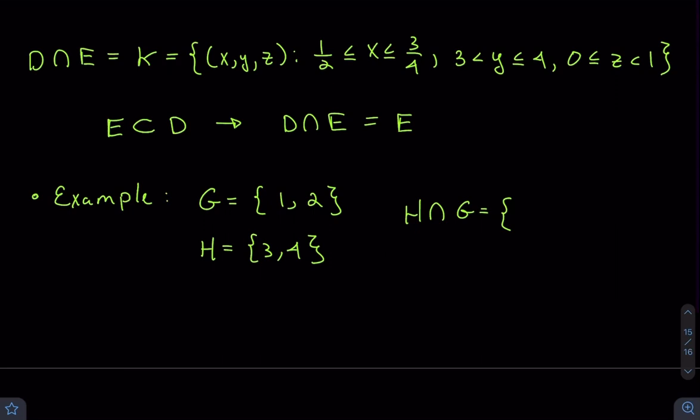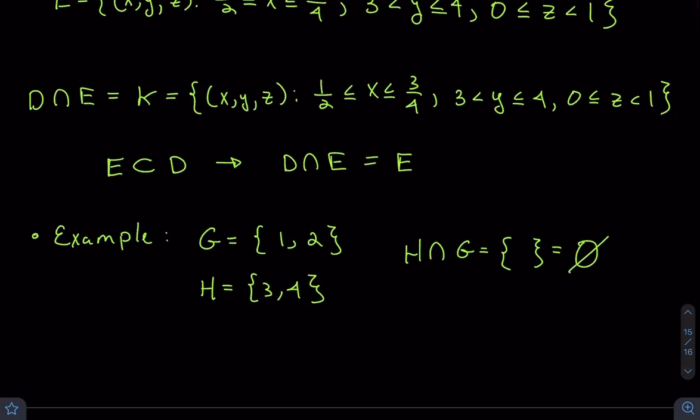Seems like they have no objects in common. Then that means that their intersection must be empty because it contains no objects. Oh, and that's just the empty set. So with intersections, you could actually have an empty set because two sets may not have common objects.